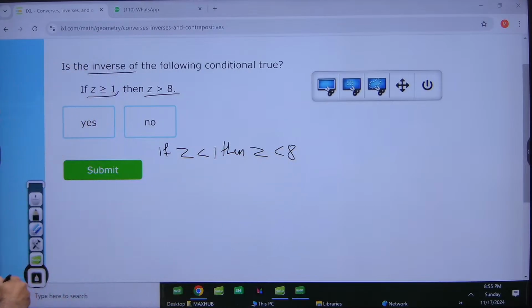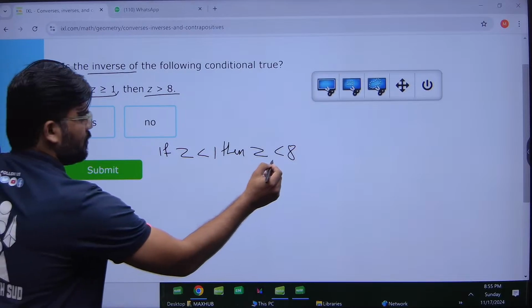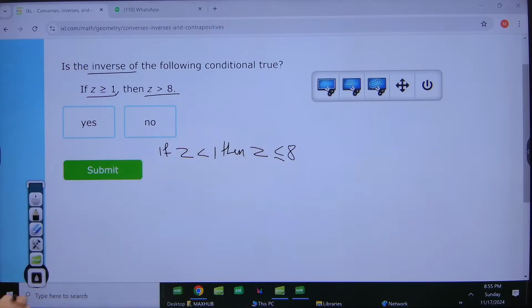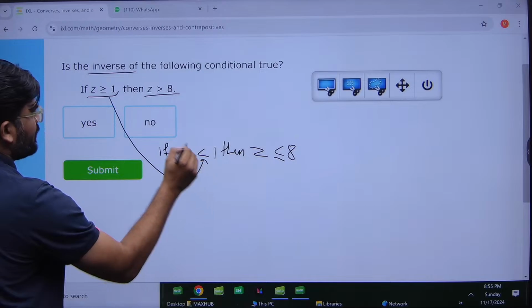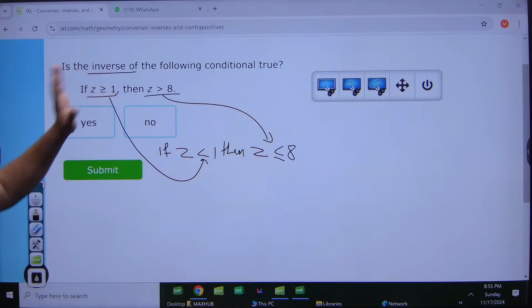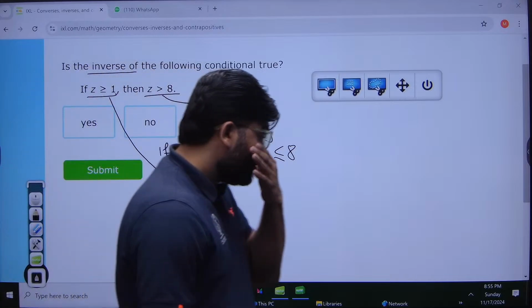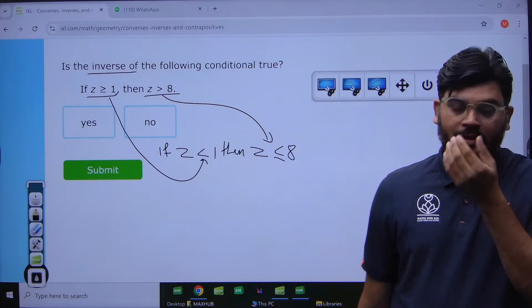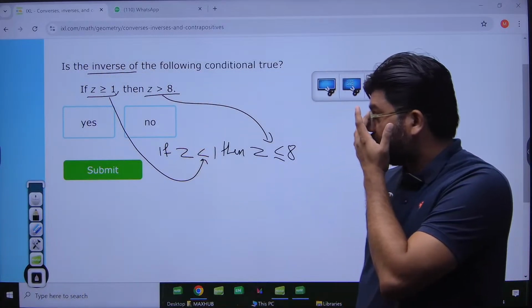Is this true? No, I have negated it. See, I have done the negation. Negation means the other part of it. Okay. Inverse means negation, right? Yeah. So I have done the negation. Tell me, is the negation true?